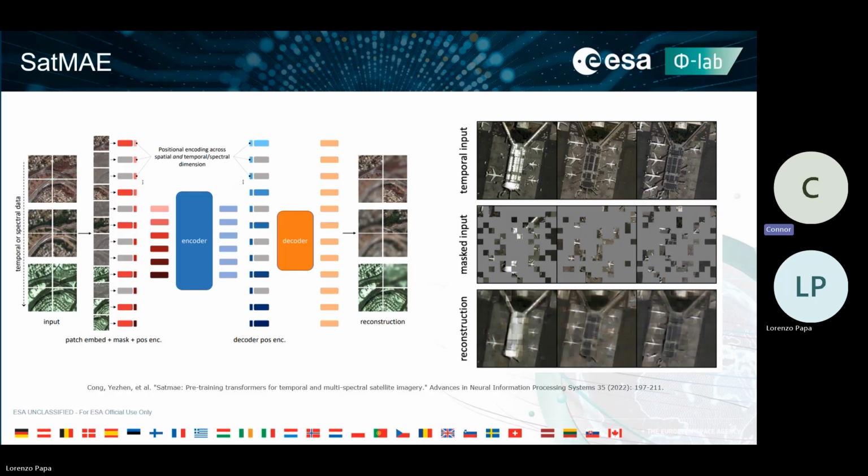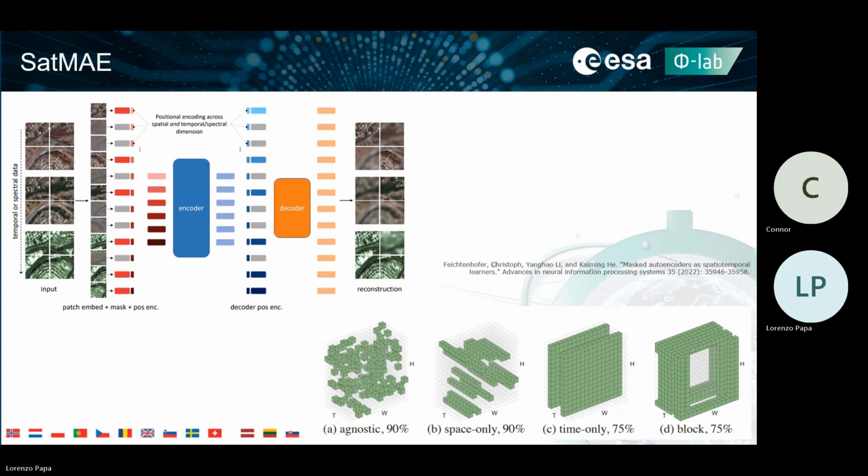Obviously, at training time, we can mask the input in order to train our model. But maybe there are some clouds on top, and you don't know what happens under the clouds, or you want to at least try to reconstruct them.